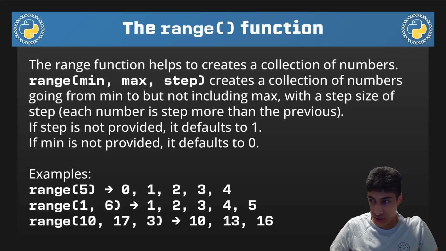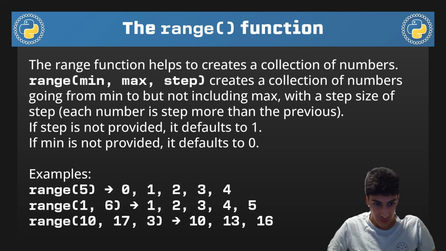This creates a collection of numbers that goes from the minimum value up to, but not including the maximum value, with a step size of whatever you provide. If you don't provide a step size, then it just defaults to 1. And the default minimum value that will be applied if you don't provide it will be 0.